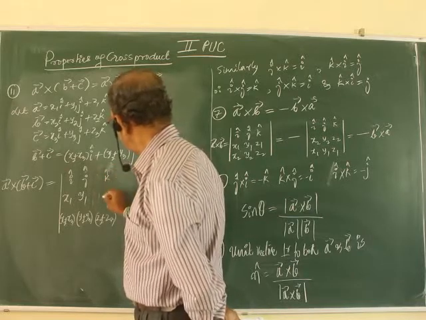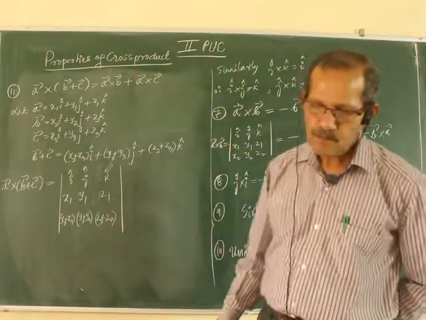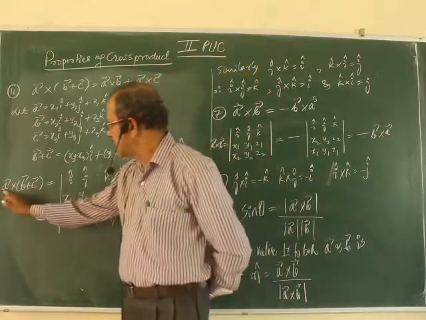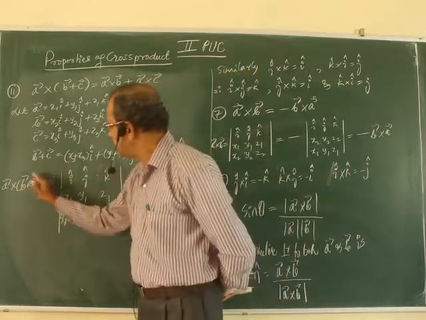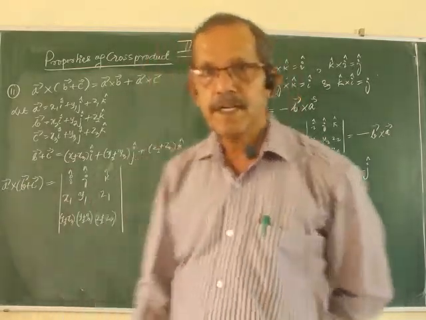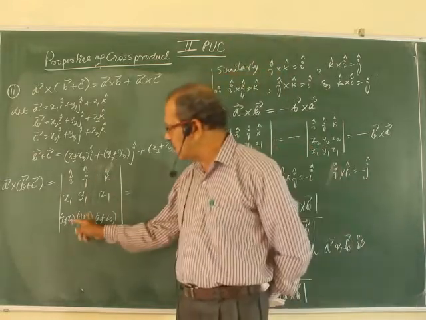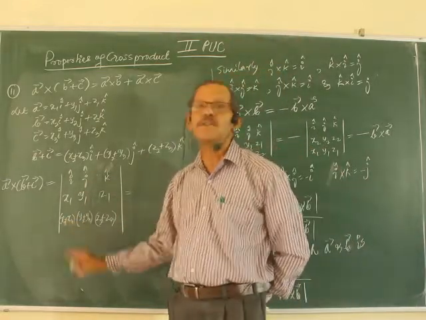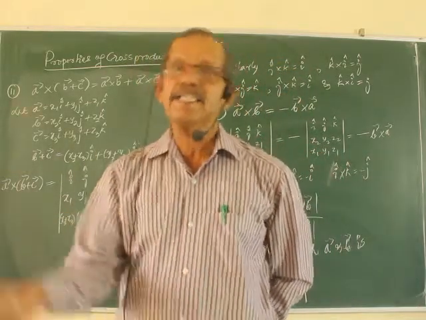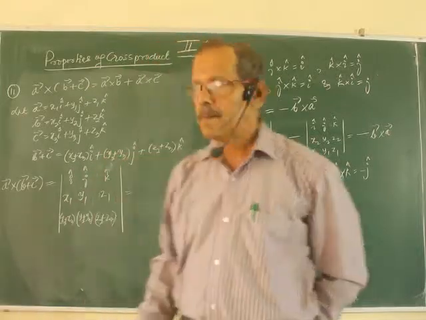Just observe this carefully. Vector A, this one. B plus C, here. Cross product, determinant. But you know the property of determinants: if any one row or column is a sum of two terms, then the determinant can be written as a sum of two determinants.